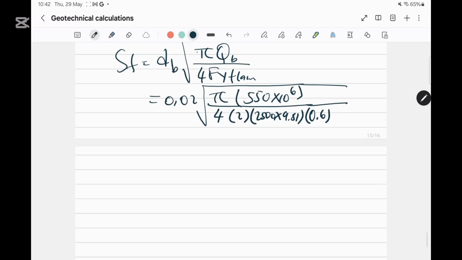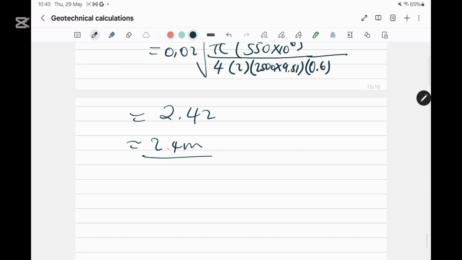So now we get our SF: 0.02 pi, 550 times 10 to the power of 6, over 4 times 2, 2.5 times 9.81. So we're getting 2.42, which is 2.4 meters.